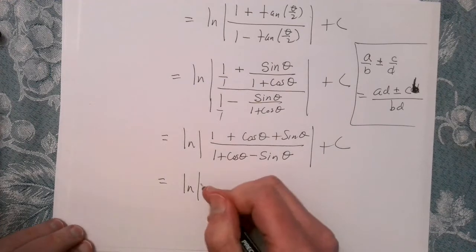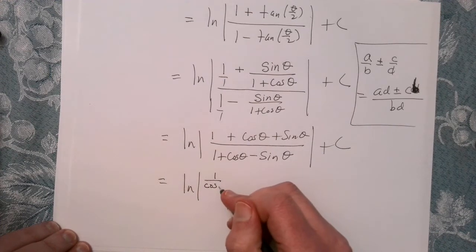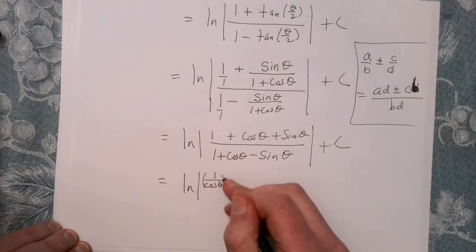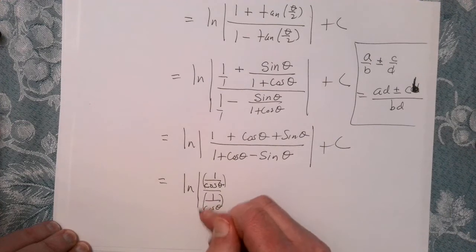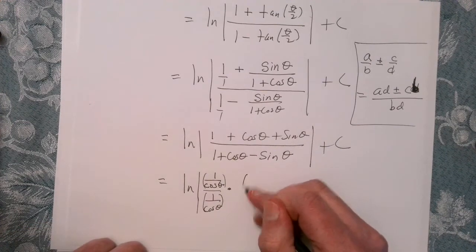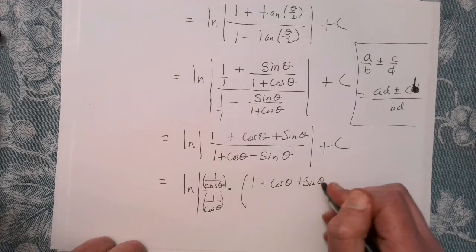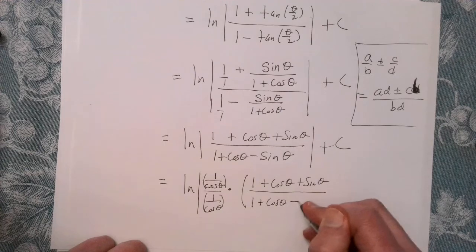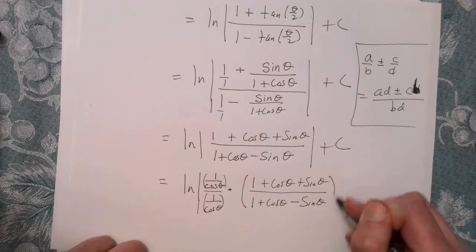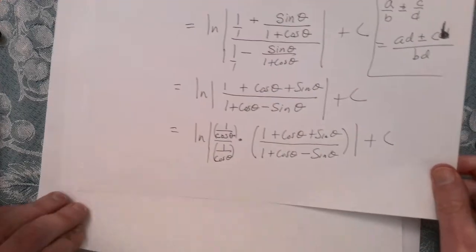So let's multiply the top and the bottom by 1 over cosine of theta. That'll introduce tangents and secants. That's where I want to land.